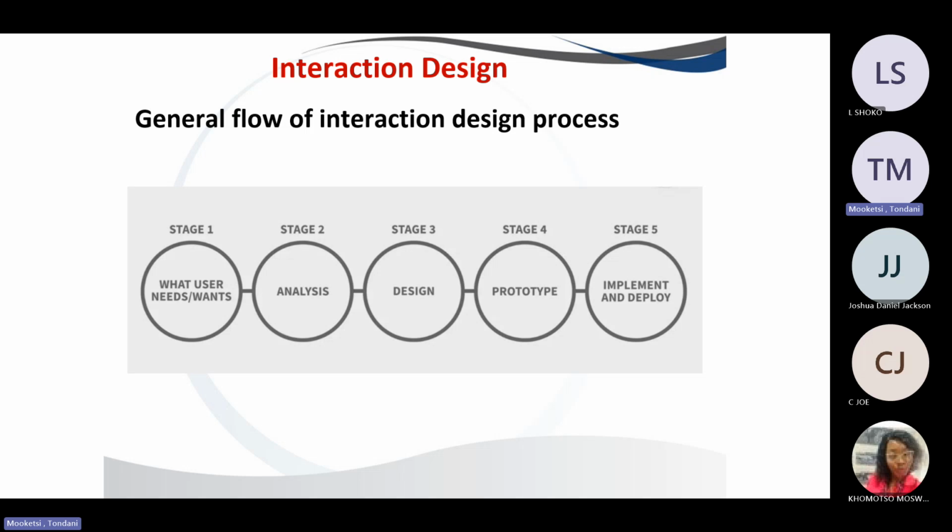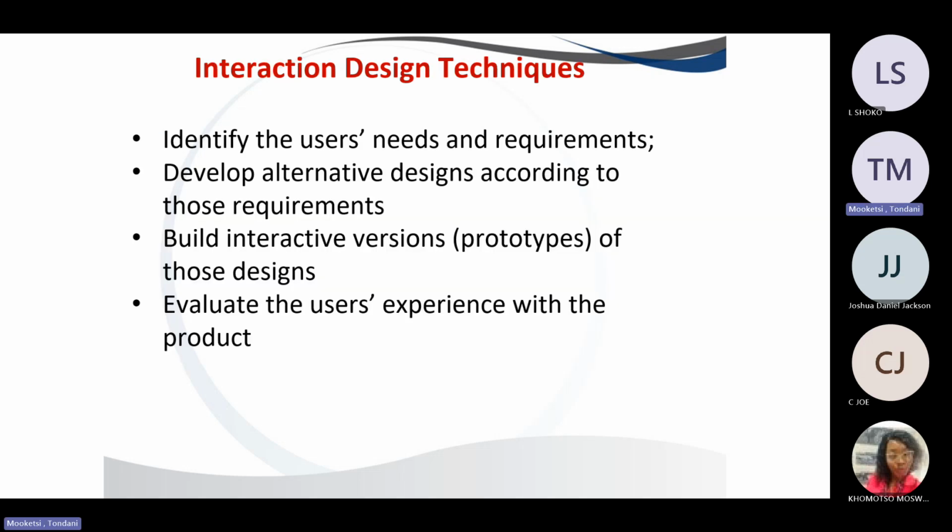So if you look a bit deeper at the first step, where we said we identify the user's needs and requirements, we can also design alternative designs according to those requirements so that the users have options.